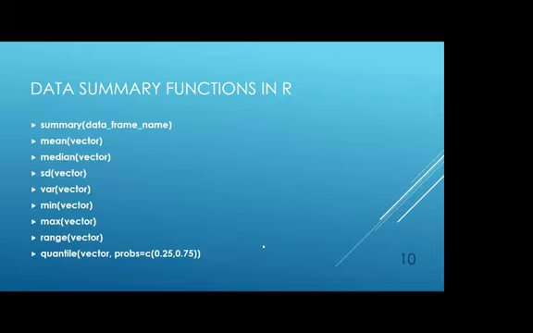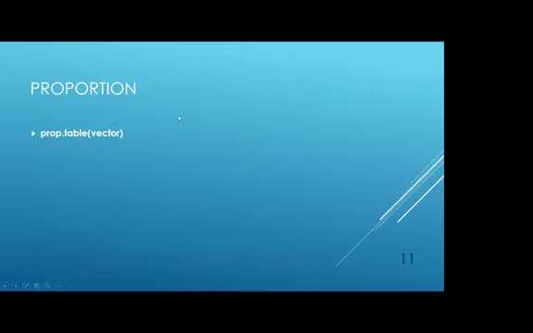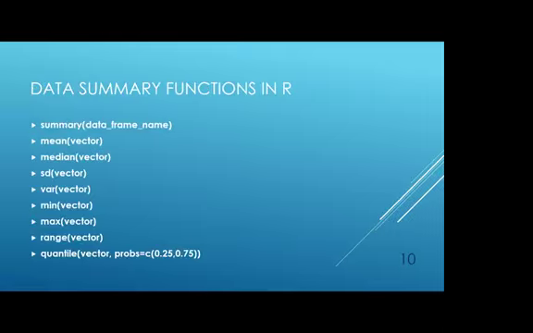It is already shown here, right? Quantile, this vector, instead of vector, what will you write? You will write that X. And you have to give the probabilities. So first quartile is at 25 percentile and third quartile is your 0.75. That is why you are giving the probabilities as 0.25 and 0.75.